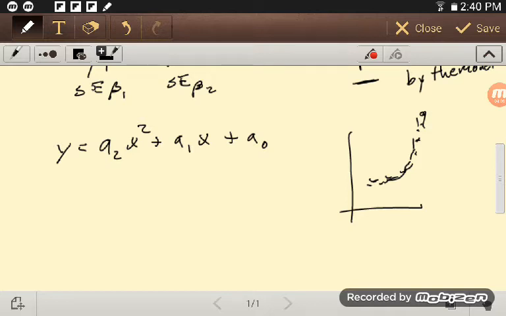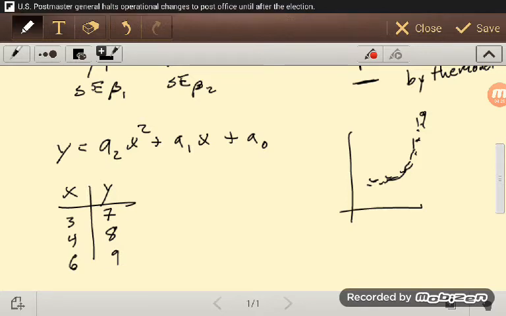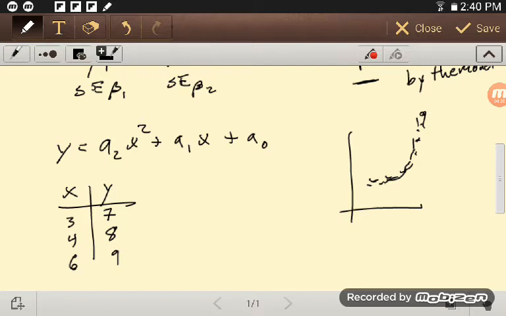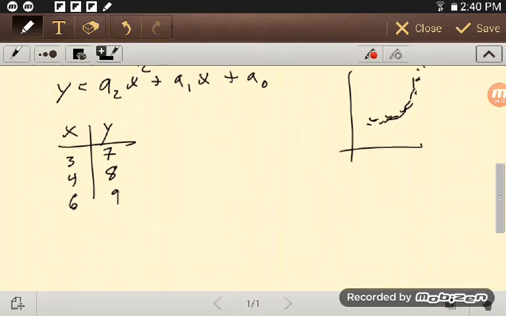So for instance, what I might have here is an x and a y, and here's 3, 4, 6, and y is 7, 8, 9. What we can tell the multiple regression is, we would like you to fit, and I'll go back to the betas, a beta 2 x2 and a beta 1 x1 plus an alpha.